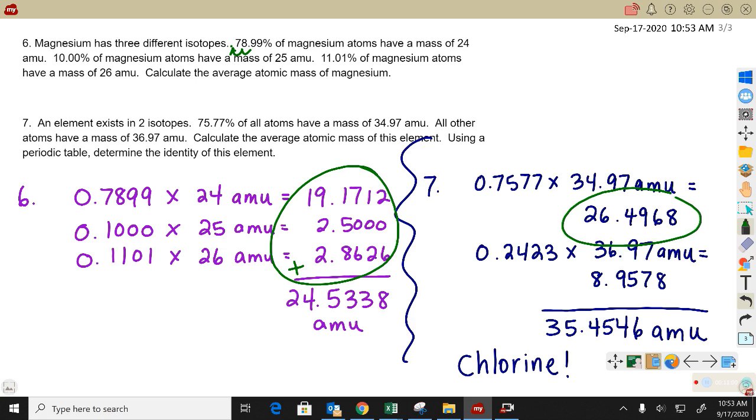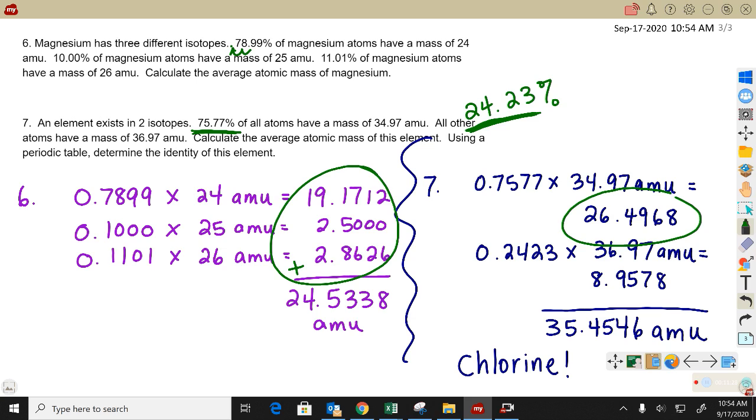Then, what sometimes tricks people is that it says all other atoms have a mass of 36.97 AMU. They don't come out and tell you this, but that must be the other 24.23%. I mean, these percentages have to add up to 100% of the isotopes in the sample.